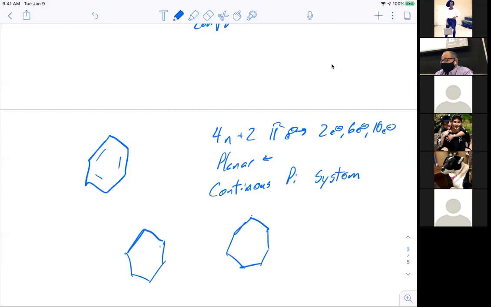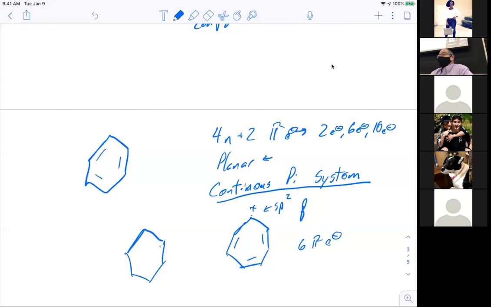That 7: 1, 2, 3, 4, 5, 6, 7. So if we look here, we could put a carbocation right there. The carbocation is sp2, which means that it has a p orbital, which means I have a continuous p orbital system through this ring. And because it's positive and not negative, I still only have 6 pi electrons, right? So this could be aromatic.